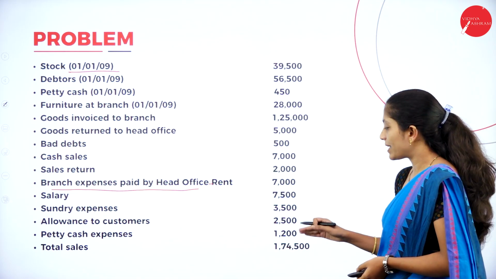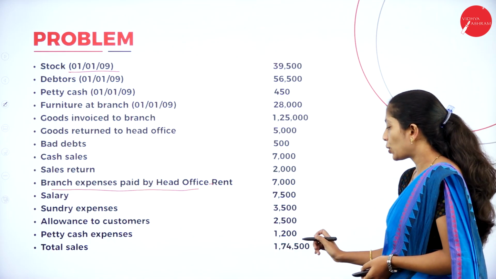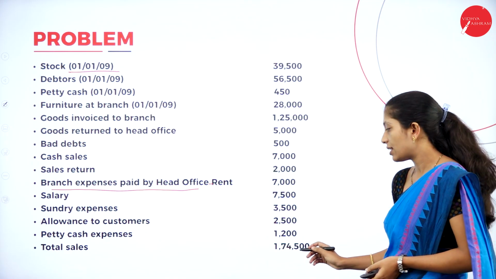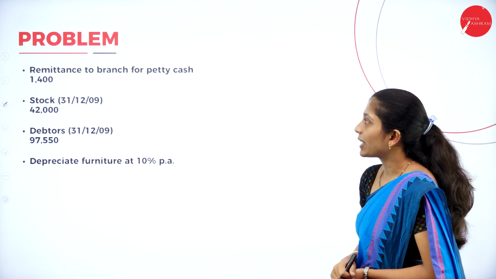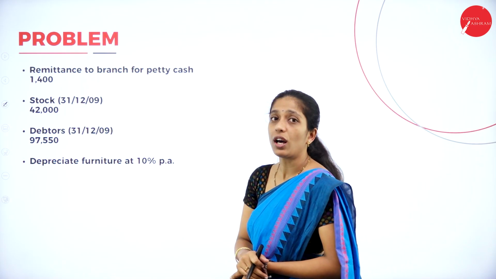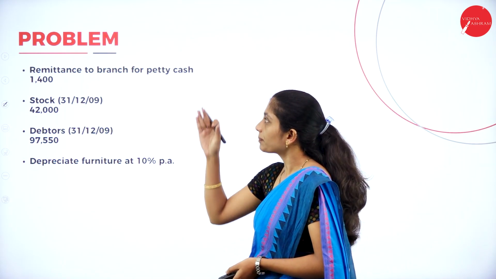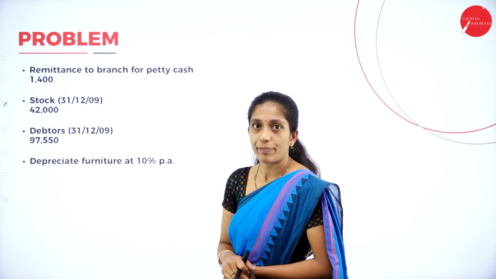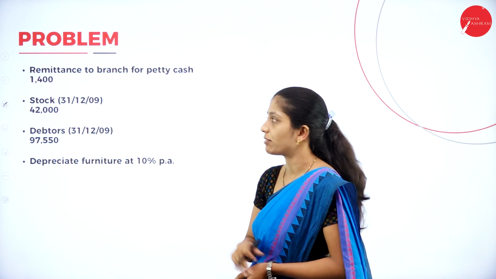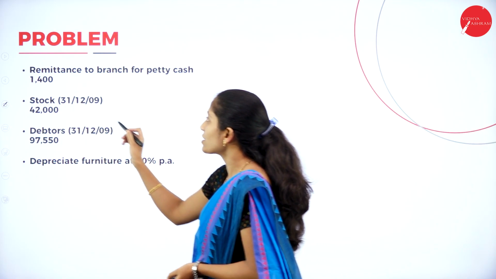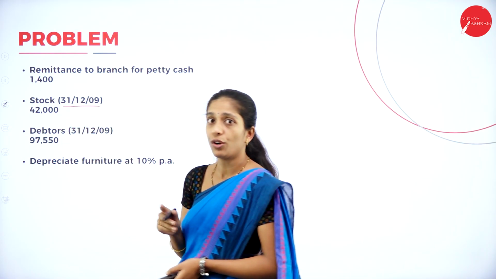Petty cash expenses 1,200, and total sales they have made is 1,74,500. Next, remittance to branch for petty cash, 1,400.